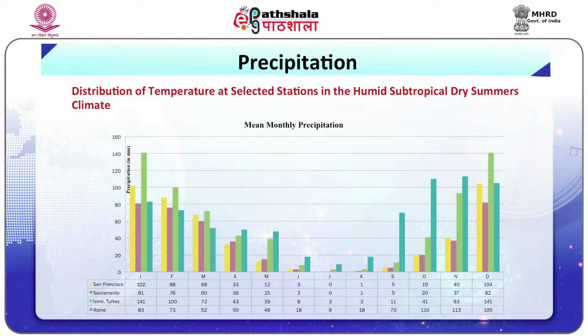As this climate is located between the dry climates found equatorward and the marine west coast climate poleward, it is natural that the amount of precipitation goes on increasing from its equatorward to poleward margins. For instance, Los Angeles receives 38 centimeters of rainfall.